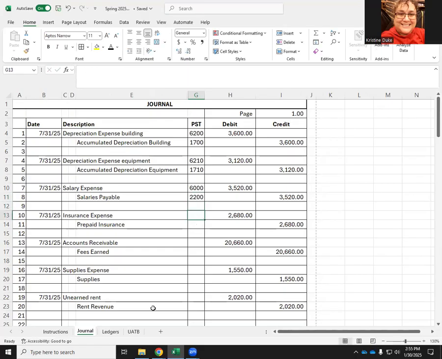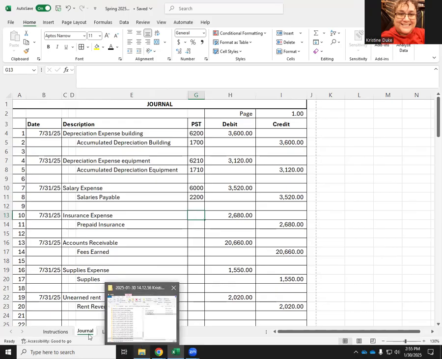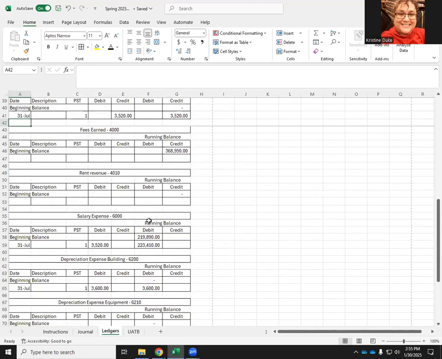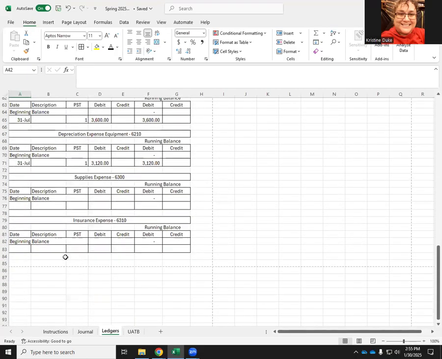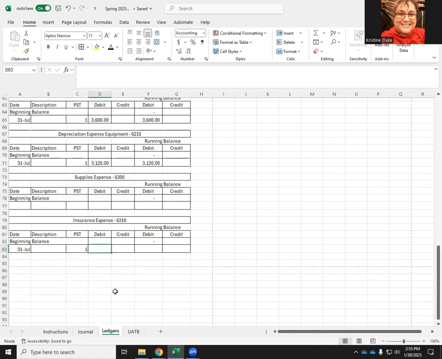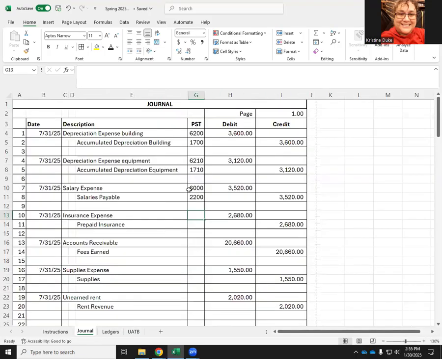My insurance expense. All the way down. That was, so I need to look at my journal. What was it? 2,680. Okay. 6,310.